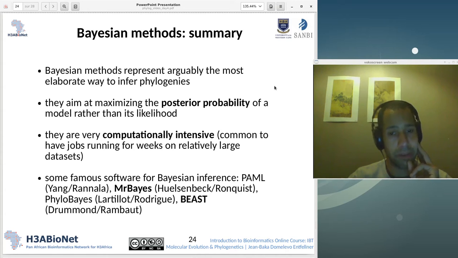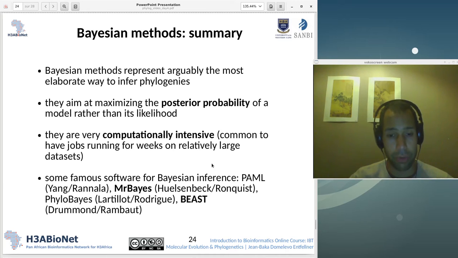They aim at maximizing the posterior probability of a model rather than its likelihood. So, in Bayesian terms, we talk about posterior probability, and that's the goal, the criterion to optimize. They are very computationally intensive, and sometimes jobs run for weeks on relatively large data sets.